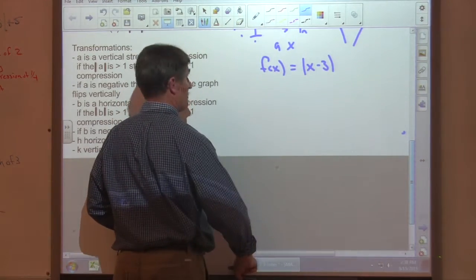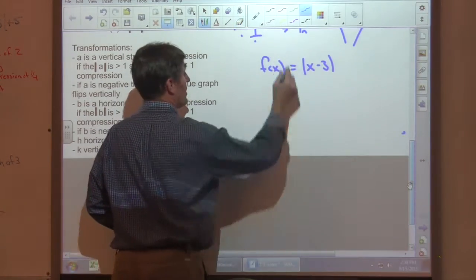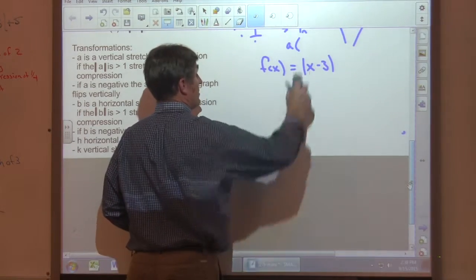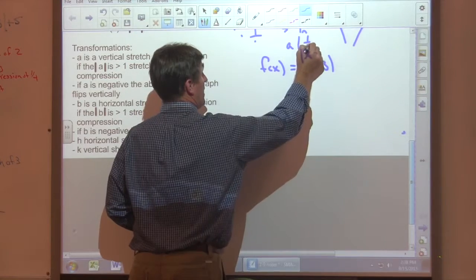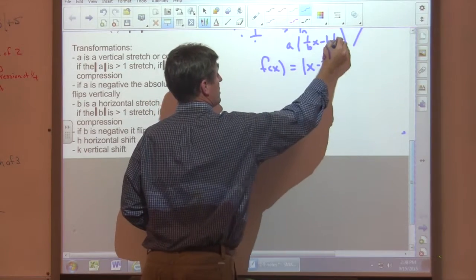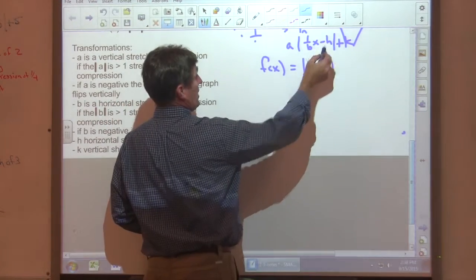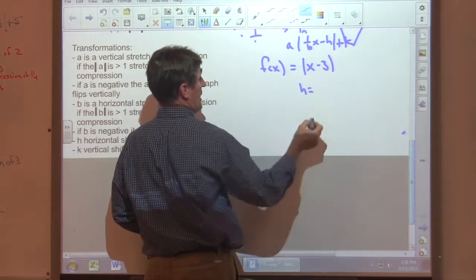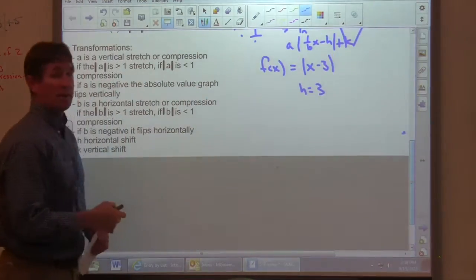A times the absolute value of 1 over b, x minus h plus k. Well, this minus 3, h has to be 3 to get minus 3. So you can see here again, it's the opposite of what it says.